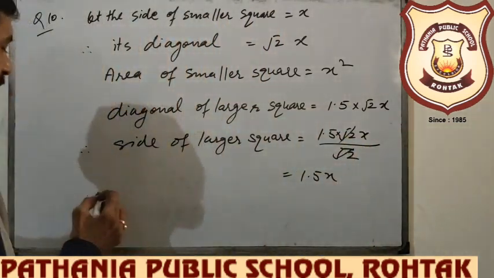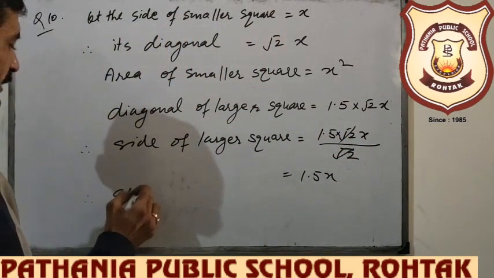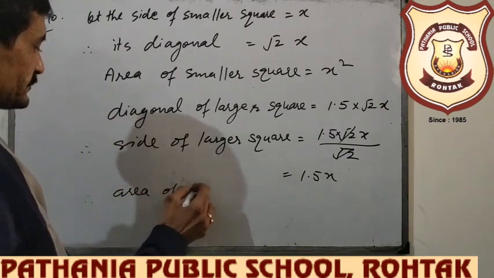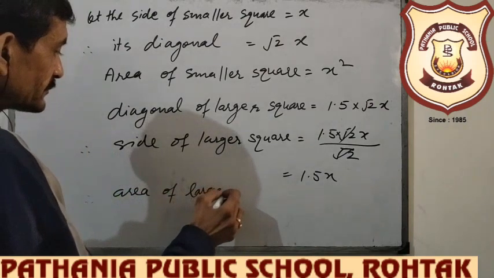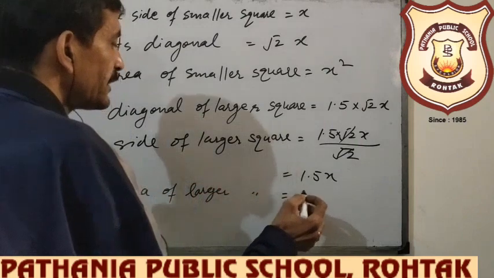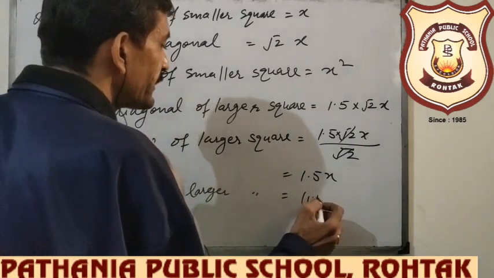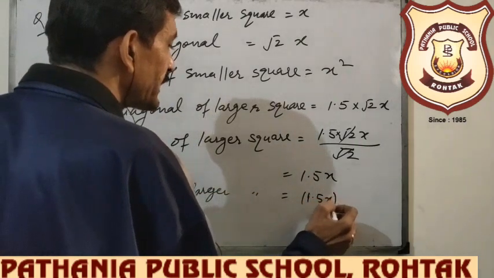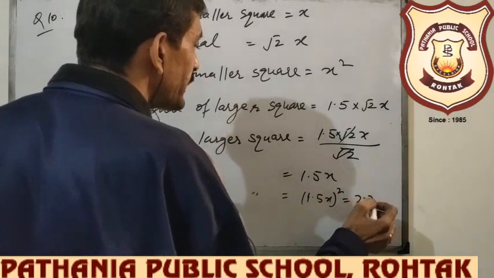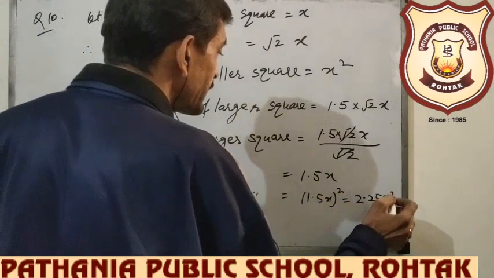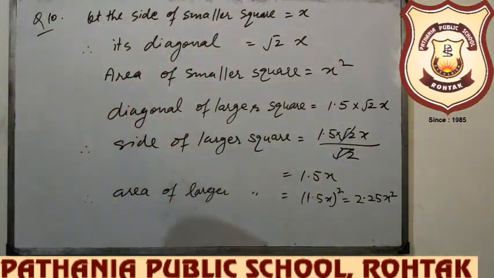So therefore area of the larger square is equal to what? 1.5x whole square, that is 2.25 x square.